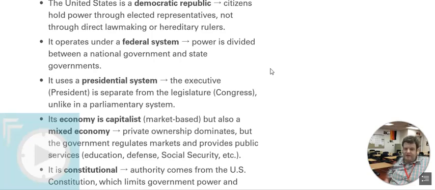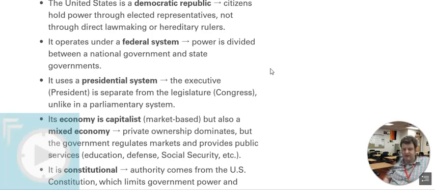It's an economy that is based on capitalism. Despite that, it is mixed. There's a lot of private ownership. Many big businesses are based out of America. You've heard of many of them. A lot of things are privately held in the United States. However, there's a number of public-owned businesses run by the government. There is things like education and defense.